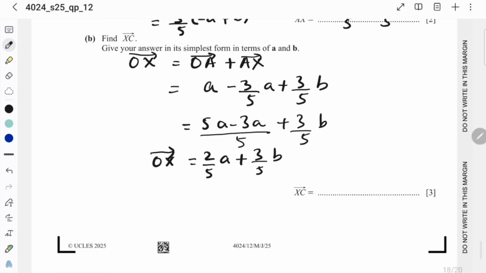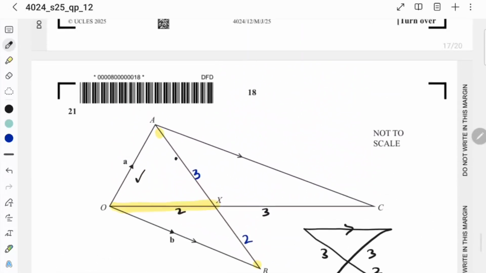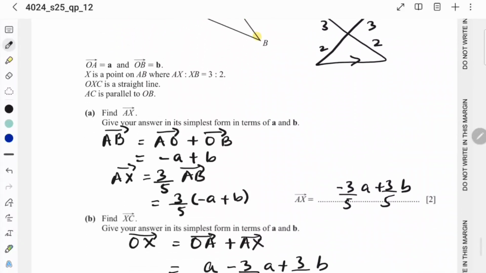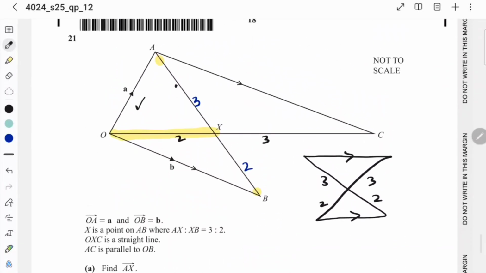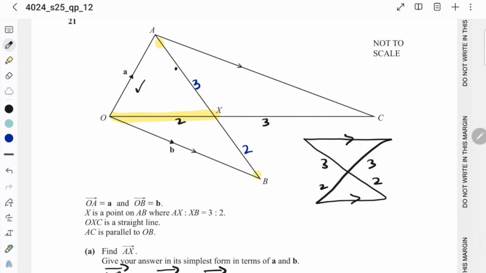Now I'm going to find out the value of what is required here. XC is required. XC is the remaining part over there, so we know that OX is to XC is equal to 2:3. You can see OX is to XC is 2:3.